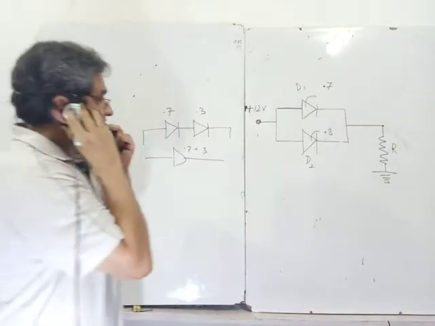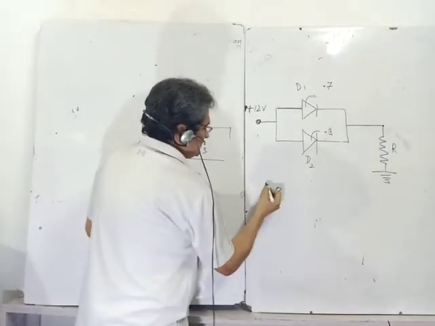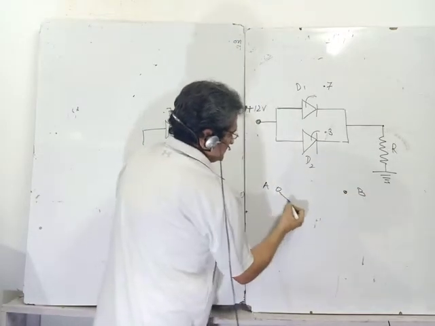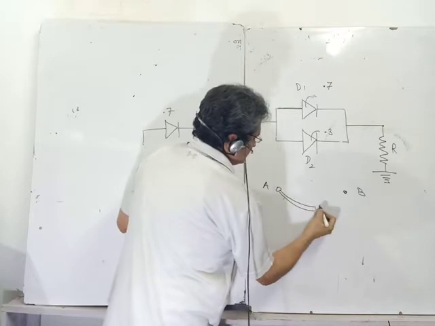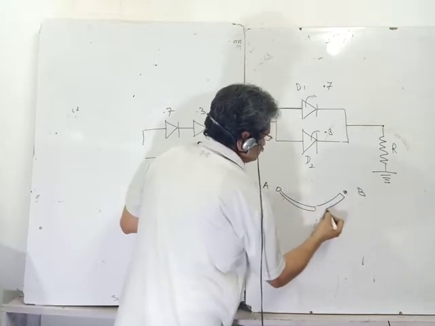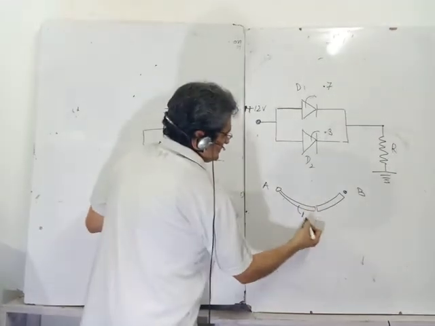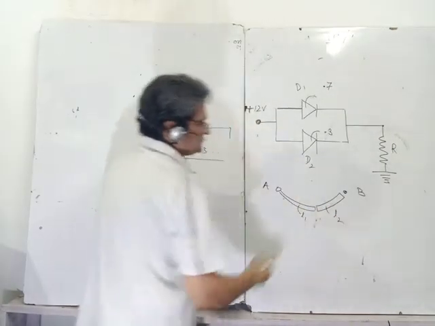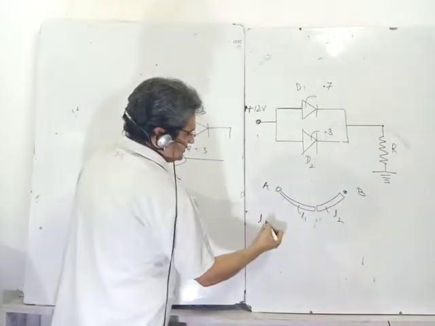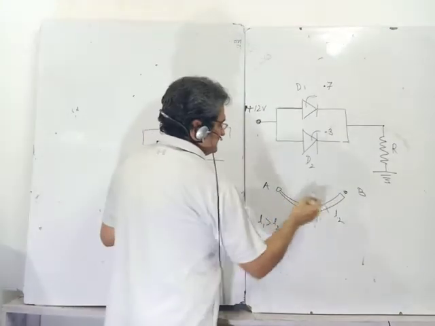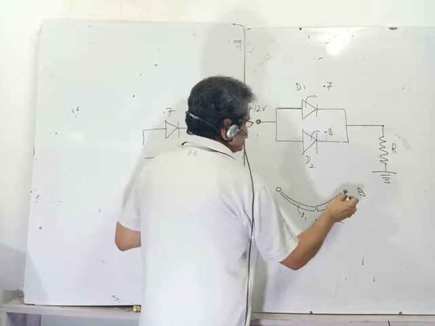It is like you have a place A and you have a place B. This road is there and this road is there. This is length L1, this is length L2, and say L1 is greater than L2. When you join these lengths in series, this is the length you have to travel to reach here.